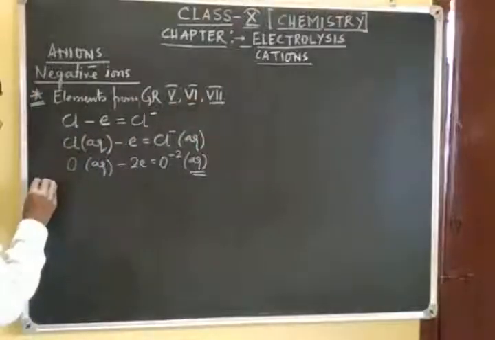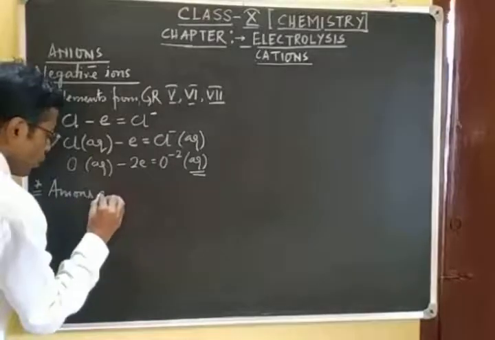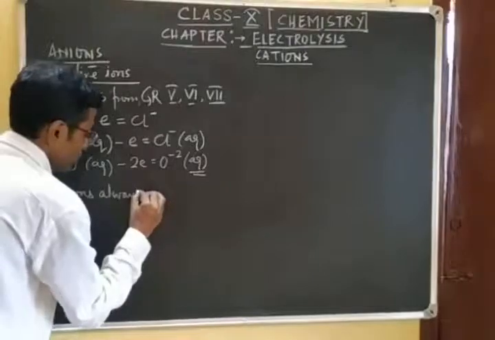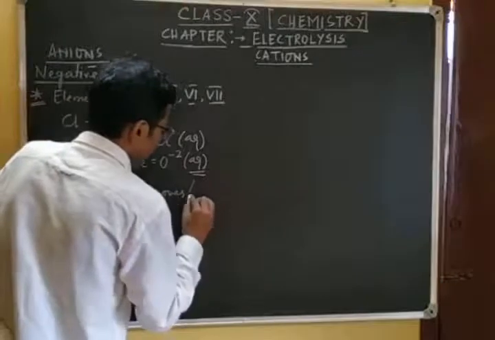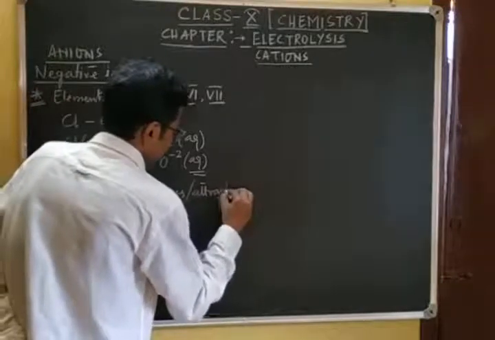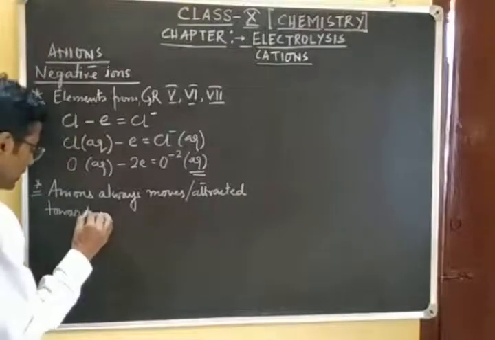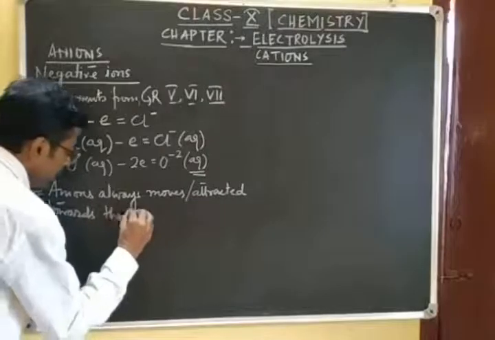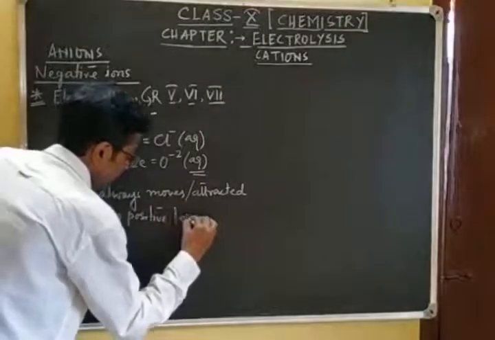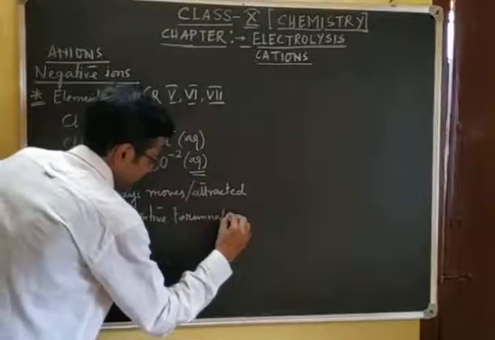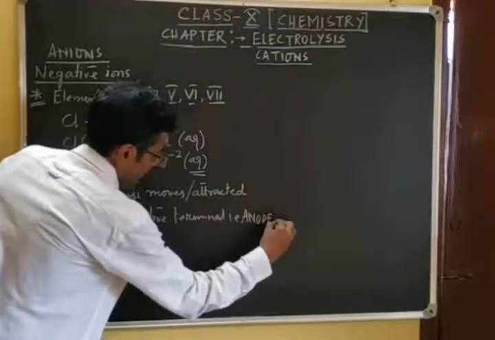So remember this word also, anions always move, or you can say are attracted, towards the positive terminal, that is anode. So this is your anion.